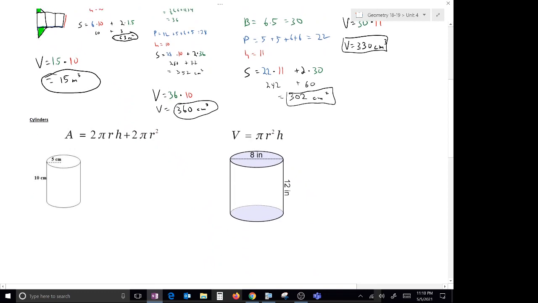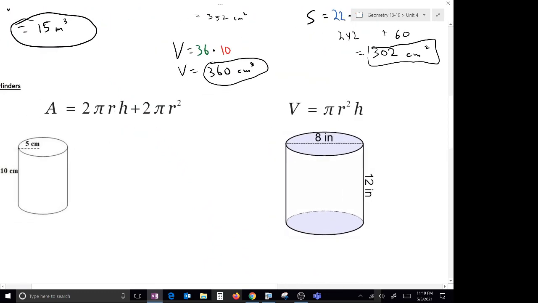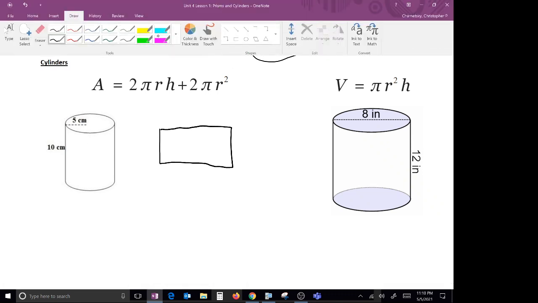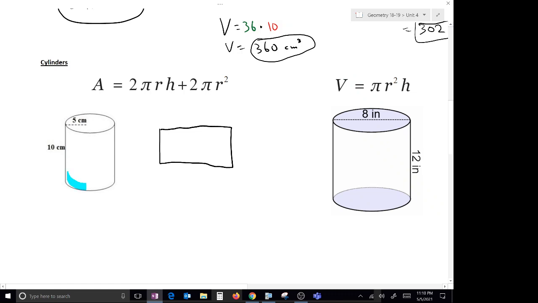So a cylinder, the surface area formula actually works very much like the prism formula. If we were to essentially unwrap this cylinder like we did with the prism, we would have a long rectangle for the lateral part, kind of like this part.